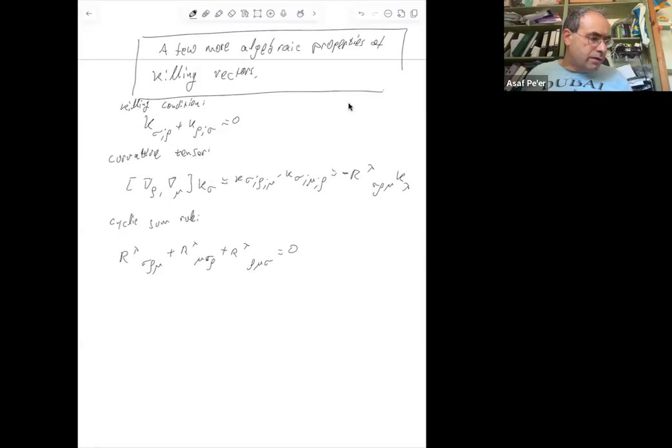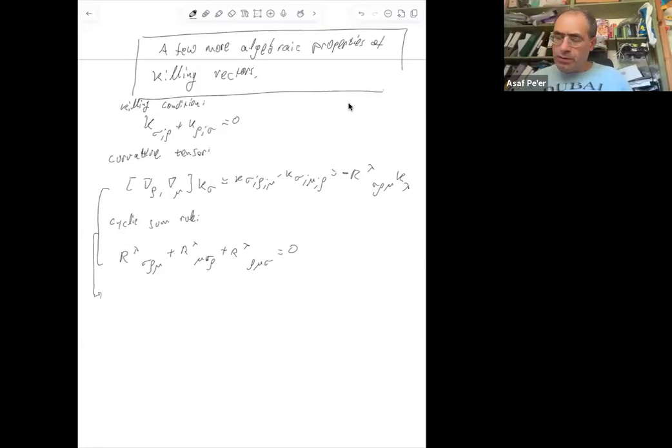Then we can use that in here and merge them together.